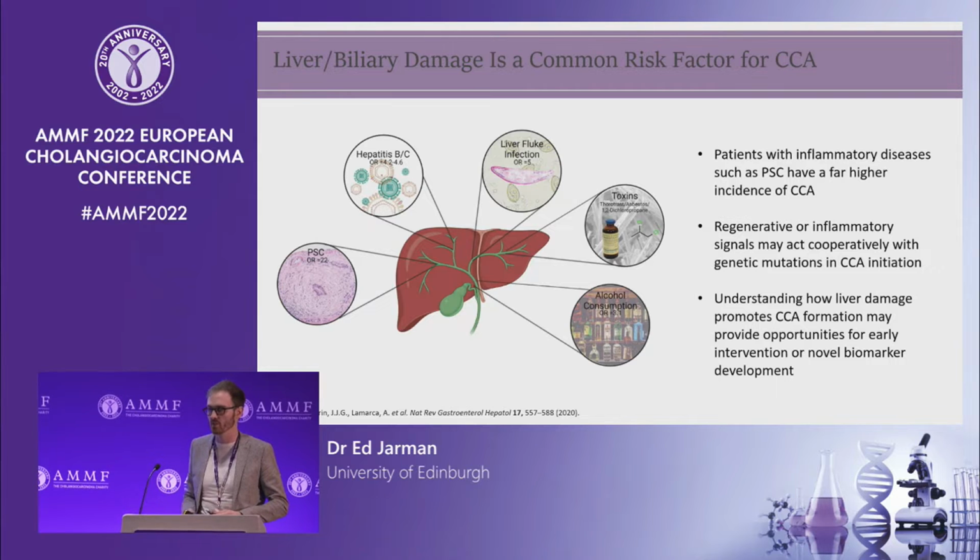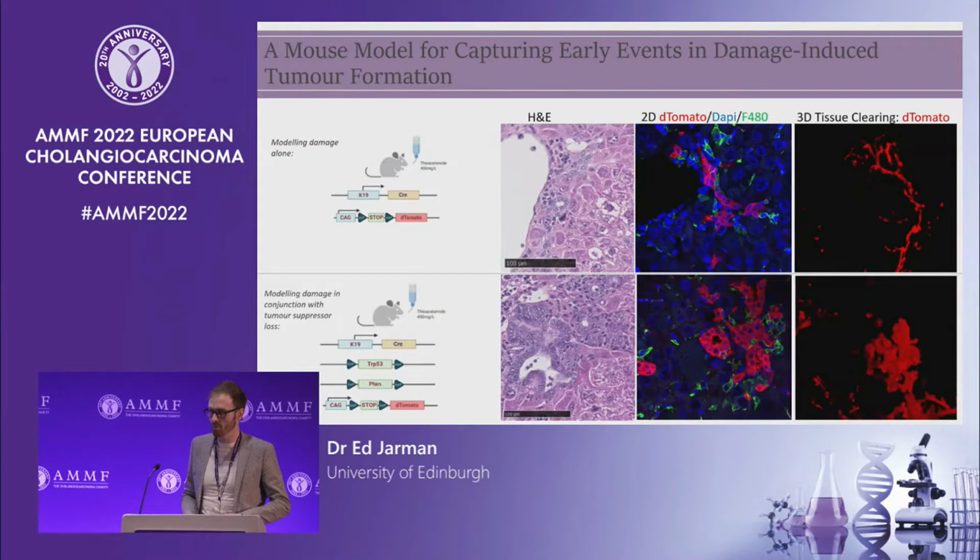So something else has to be going on. The way we're doing this is by trying to model in genetically engineered mouse models this co-requirement for liver damage or inflammation and genetic perturbation.